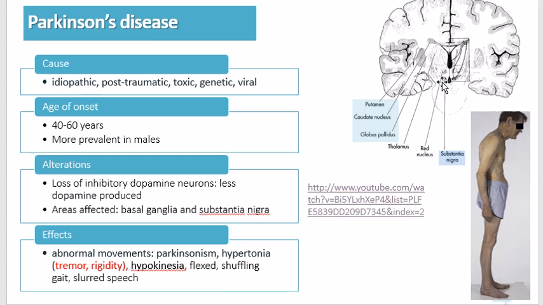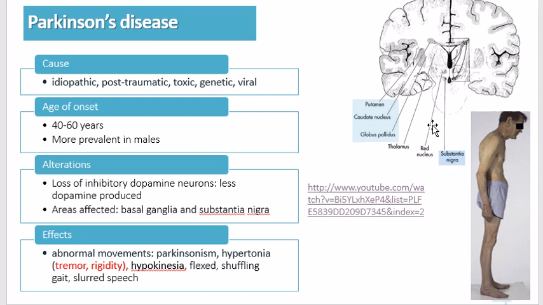The cell bodies that make dopamine terminate in this region here. So in the putamen, the caudate nucleus, and the globus pallidus. So the cell bodies where we make dopamine are going to terminate in this area here. And collectively, this is oftentimes referred to as the basal ganglia.